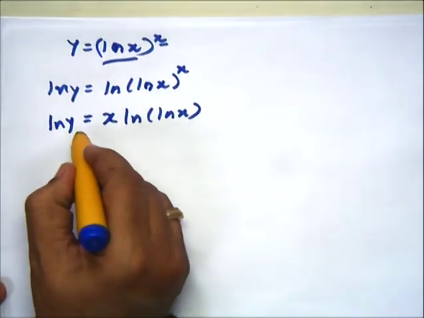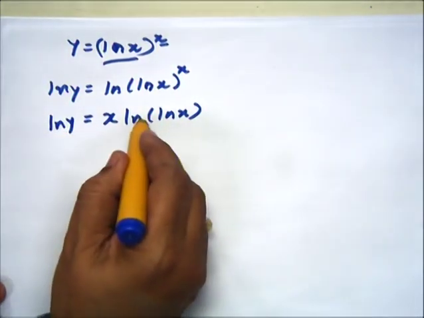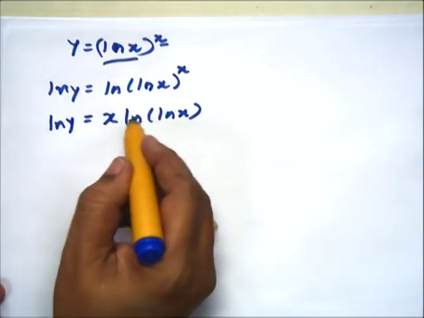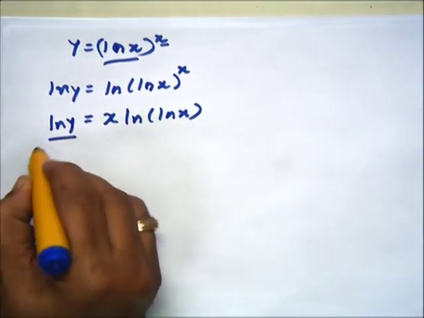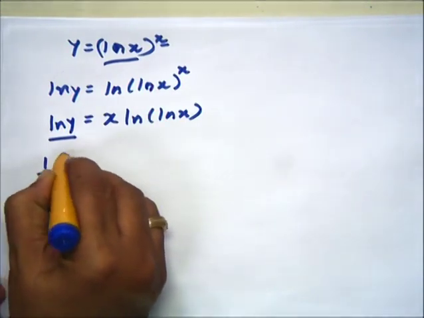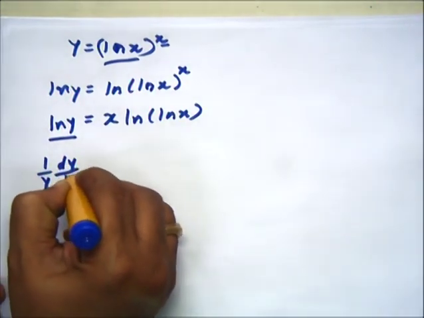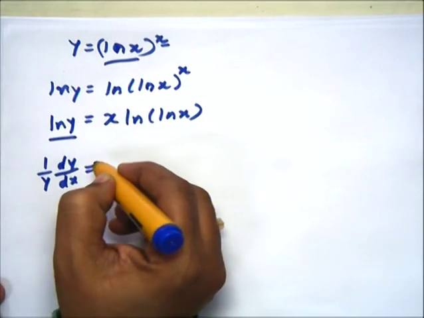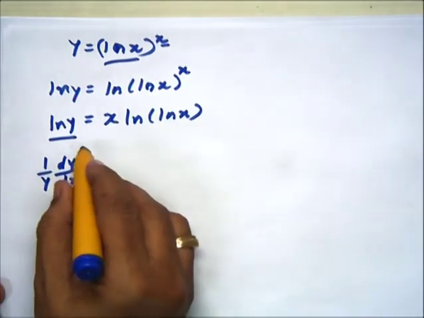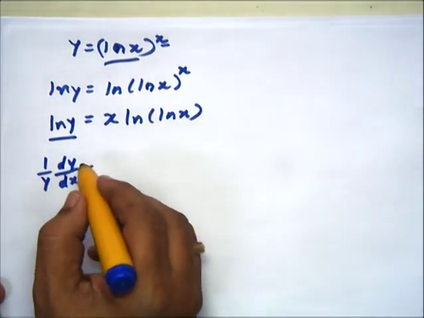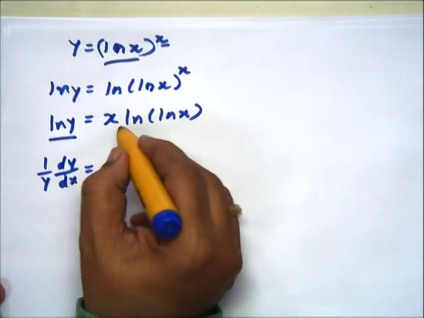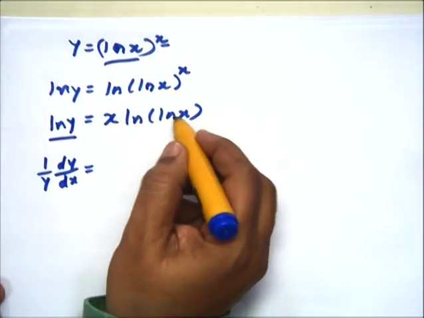Now as we know, we have to differentiate this function with respect to x, and as we have seen just now, the derivative of this is 1 upon y dy by dx. That we have seen in the last example. This left hand side will remain the same in almost all examples, and here x into log of log x.